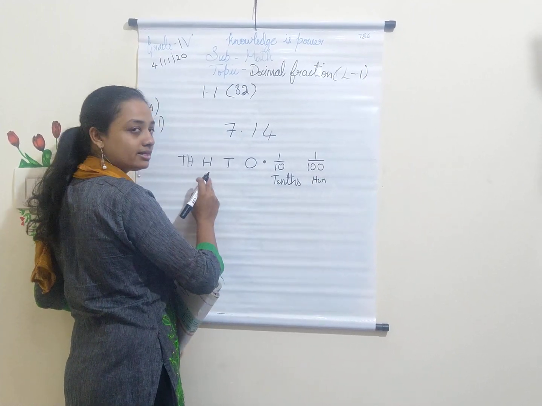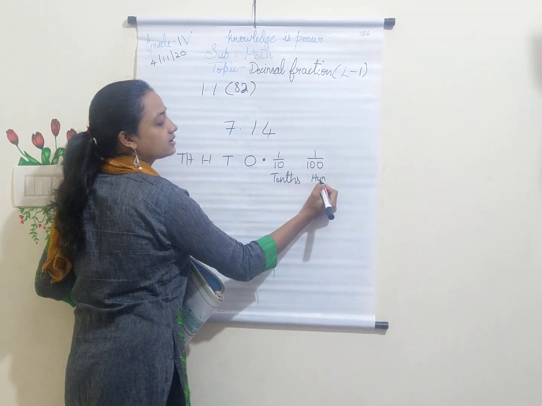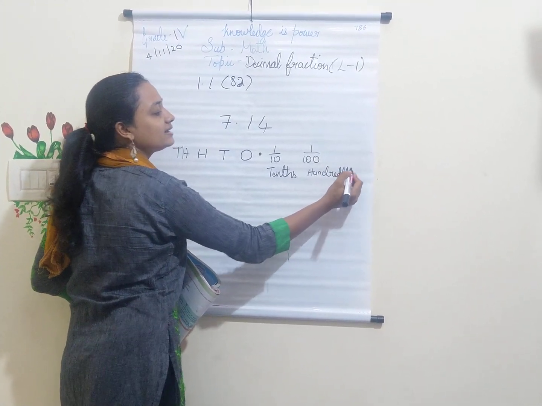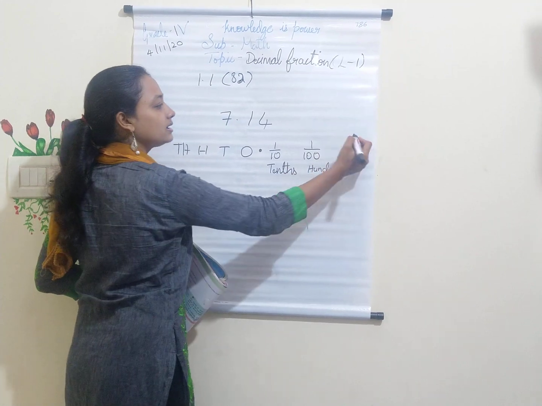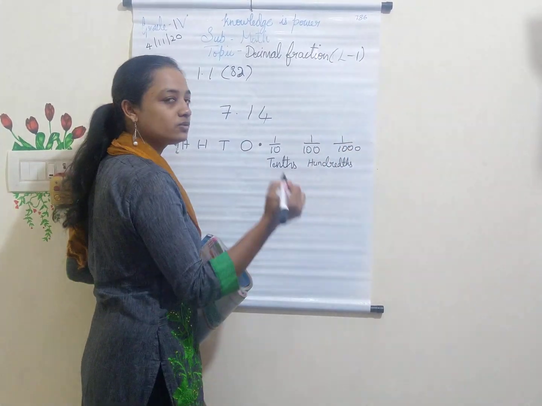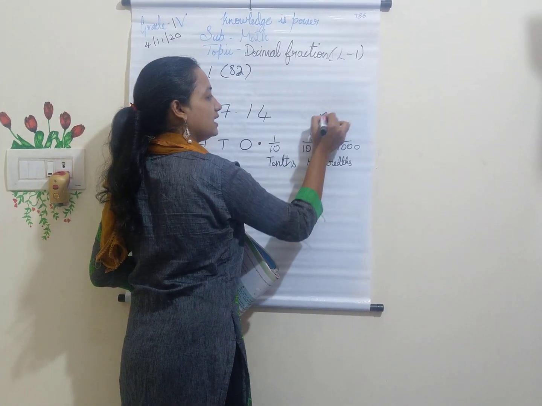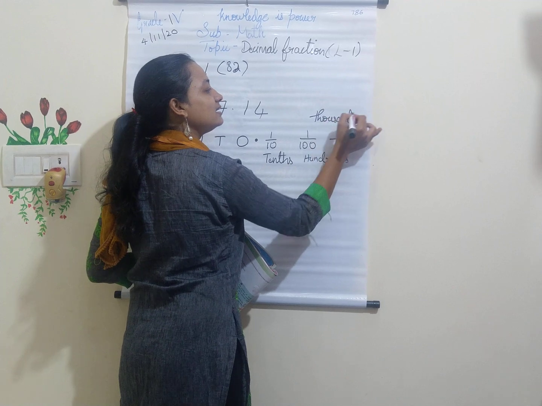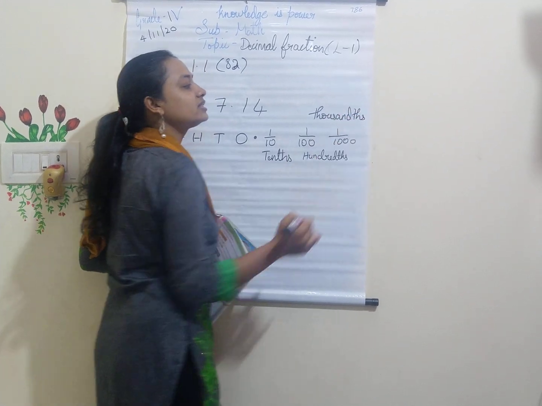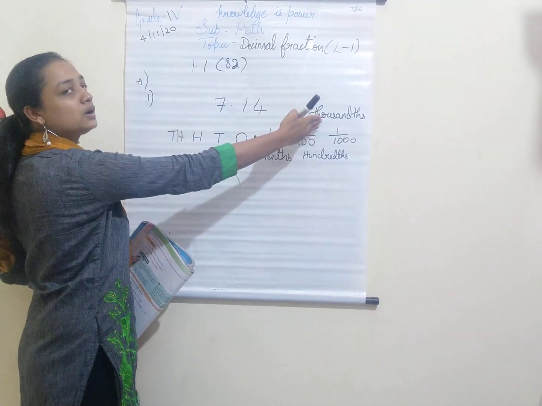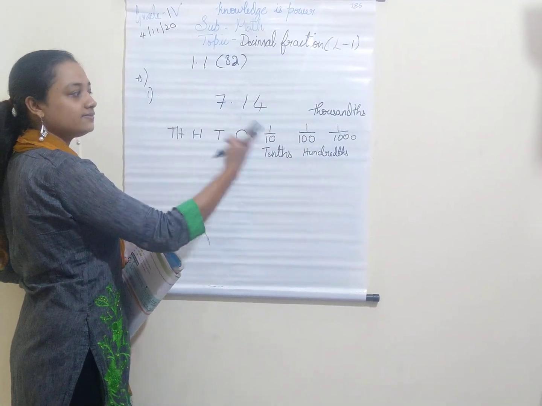It's not hundred, it is hundredths, H-U-N-D-R-E-D-T-H-S. Similarly, the next will be thousandths. This is thousand, this is thousandths. So you can see the difference.